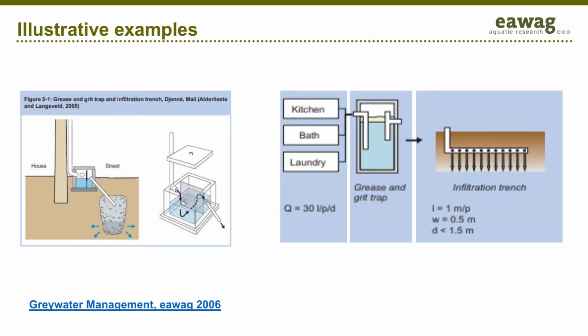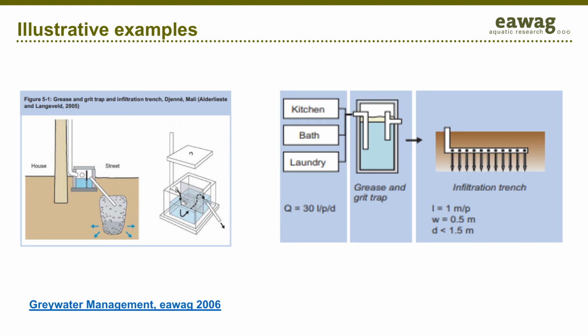Now, these diagrams show 2 options. Both start with greywater, which is flowing into a grease trap. This captures the grease, grit, and other solids which would otherwise clog up the soak-away and cause it to fail. As shown in the diagram, grease traps have a removable lid which can be opened to enable cleaning out of the trapped solids.